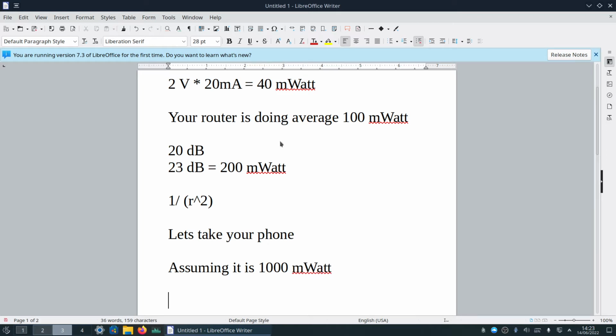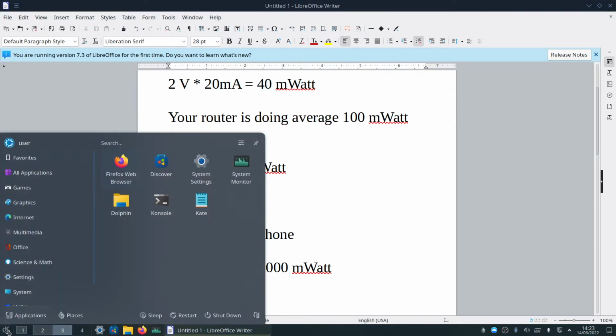Now, you already know a simple LED from your example standby television is 40 milliwatts. Now, I can get a simple calculator. Where is the calculator?